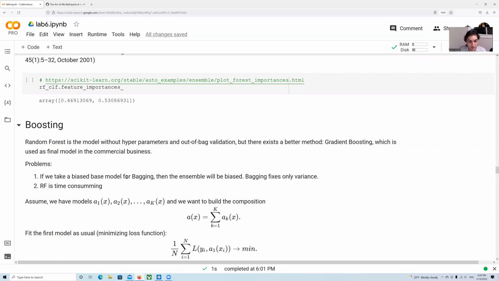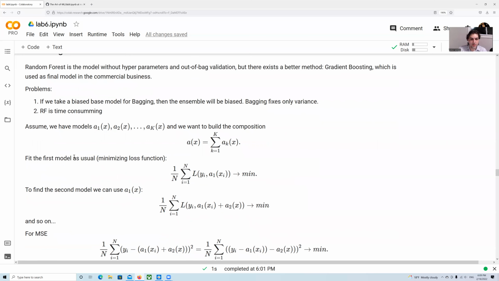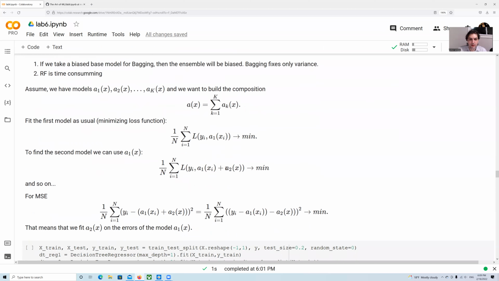That's why another approach was proposed, boosting. Assume we have k models, and our final model is the sum of these models. The first model we will train just minimizing our loss function. When we have trained the first model, we should train the second model.